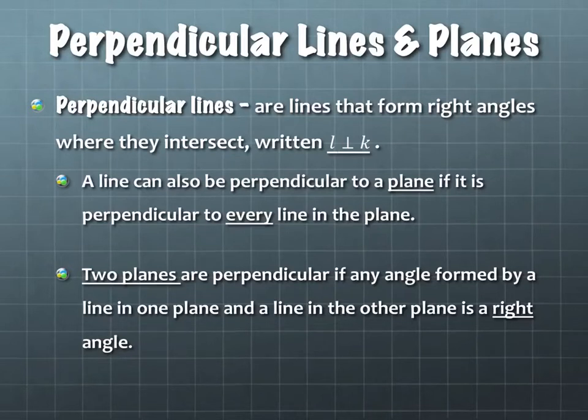You probably recognize that from before. A line can be perpendicular to a plane as well, not just to another line. And it's perpendicular to a plane if it's perpendicular to every line inside of the plane.